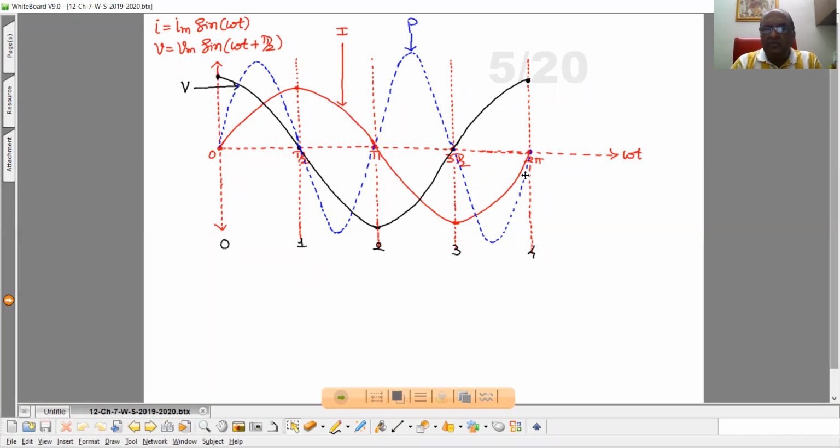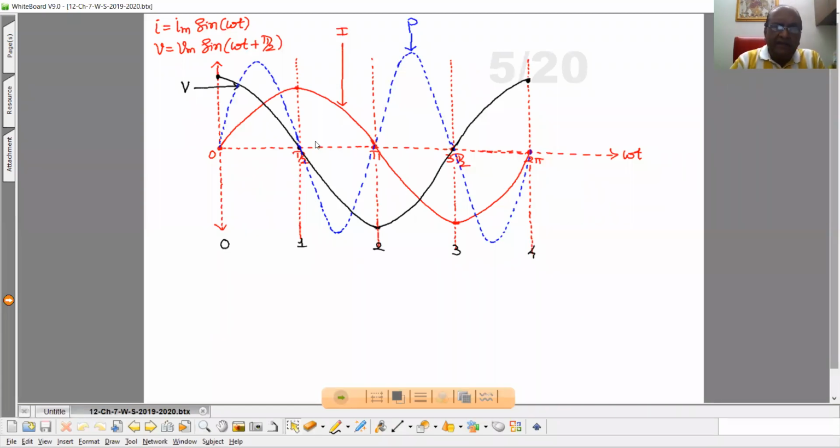See, omega t of 2 pi radian means one cycle is completed, that is periodic time, capital T. So when 1/4 cycle is completed, means during time interval 0 to T by 4, the inductor will absorb the energy from the source. Clear?